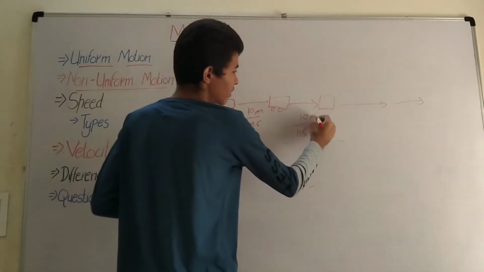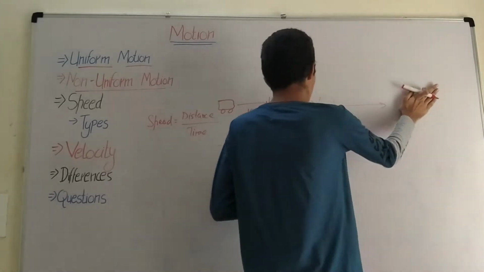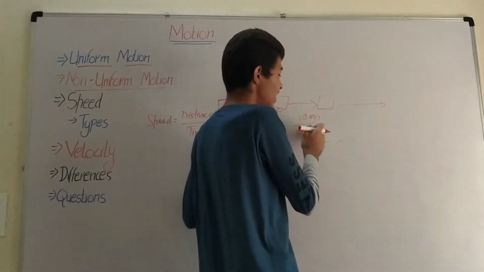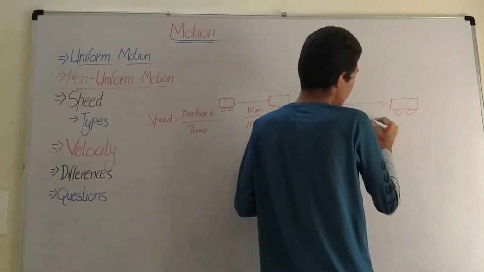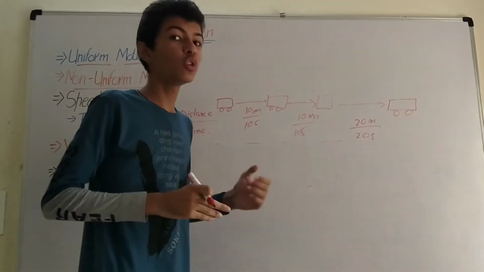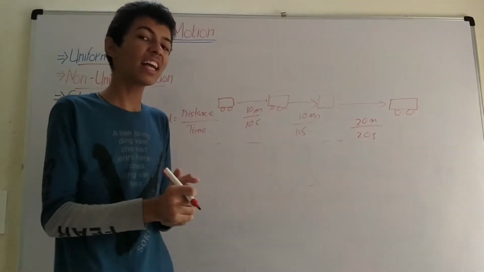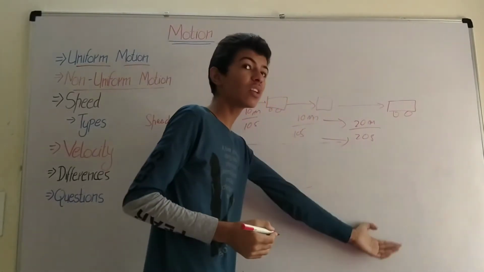So if it is traveling 10 meters in 10 seconds, and now instead it is traveling 20 meters in 20 seconds, can you say this body is uniformly moving? Yes, we can, because even though the distance has changed, the speed has not.